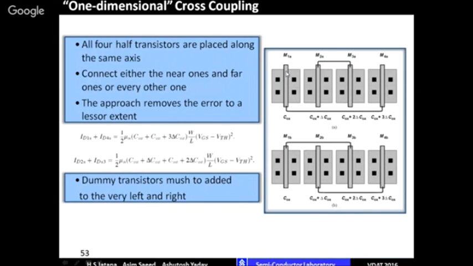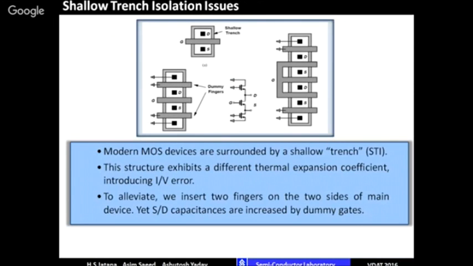Like this transistor you have to connect with this, and this you have to connect with this. So you can calculate these cross coupling effects. With this approach you are able to filter the gradients, but some other effects are added. But overall it gives you proper matching rather than putting all the fingers close to each other.